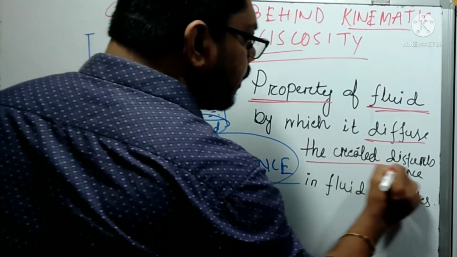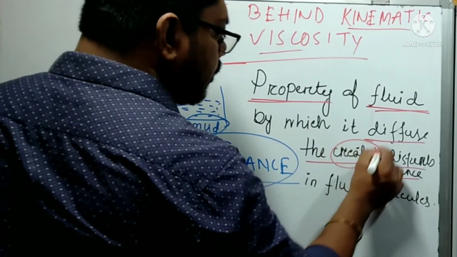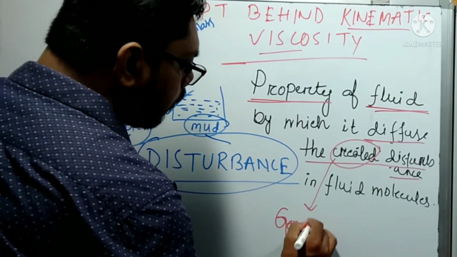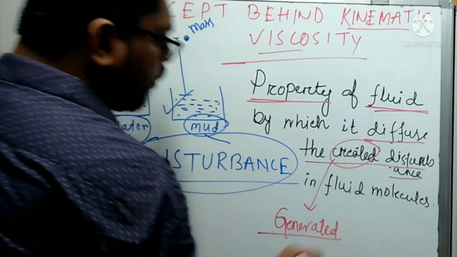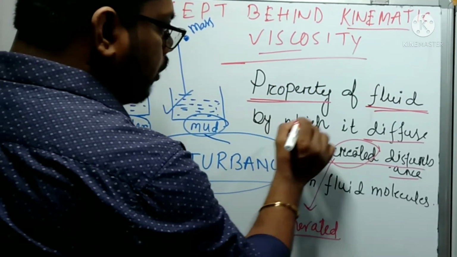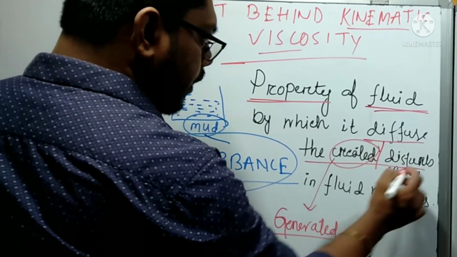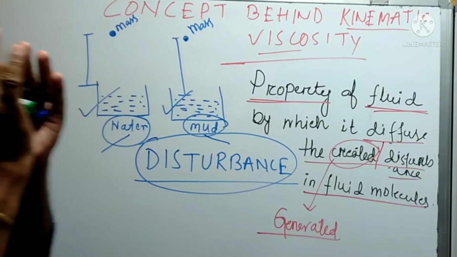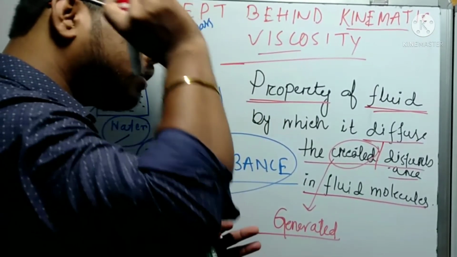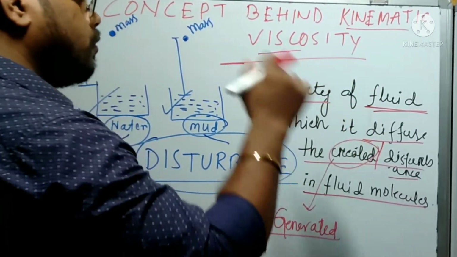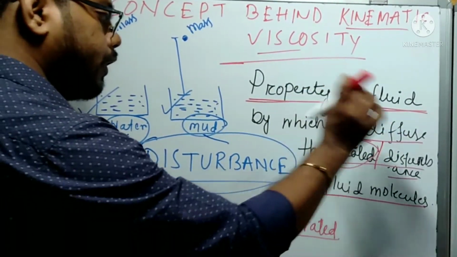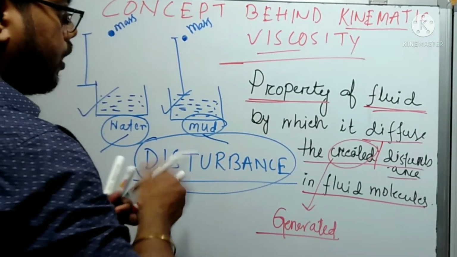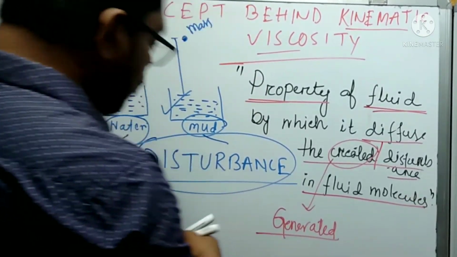Diffuse the created or generated disturbance. It is a property of fluid by which it diffuses the created or generated disturbance in fluid molecules. Clear? So this is the concept behind kinematic viscosity.